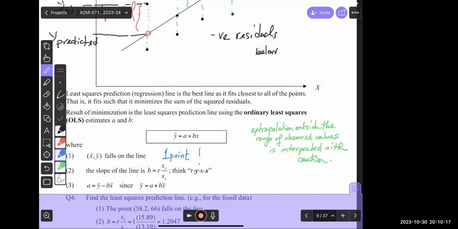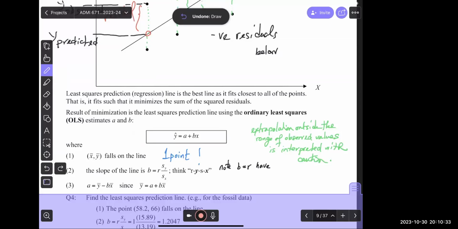In fact, the slope and the R have the same sign, which we expect. How do I know that the slope and R have the same sign when I'm staring at this?